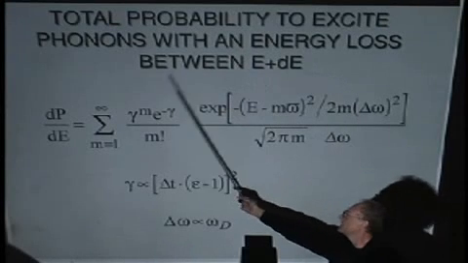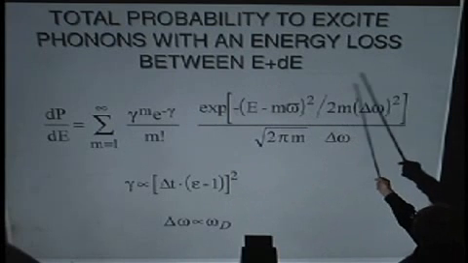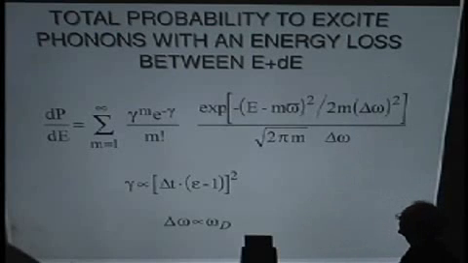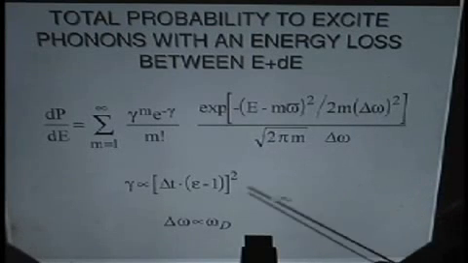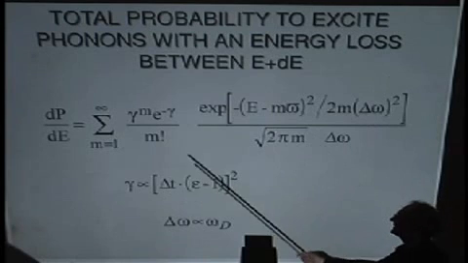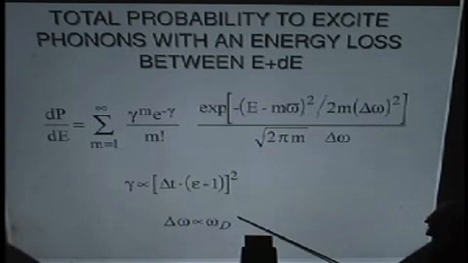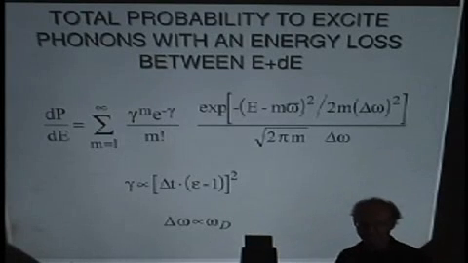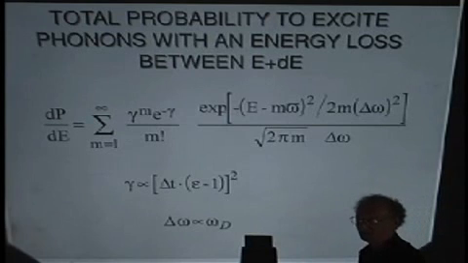This is M, the number of phonons with an energy loss between, let's say, E and delta E. And these can be expressed in terms of the lifetime of the negative ion, the dielectric constant of the system, and the Debye frequency. This is called a pseudo Debye-Waller factor because it includes a lifetime.